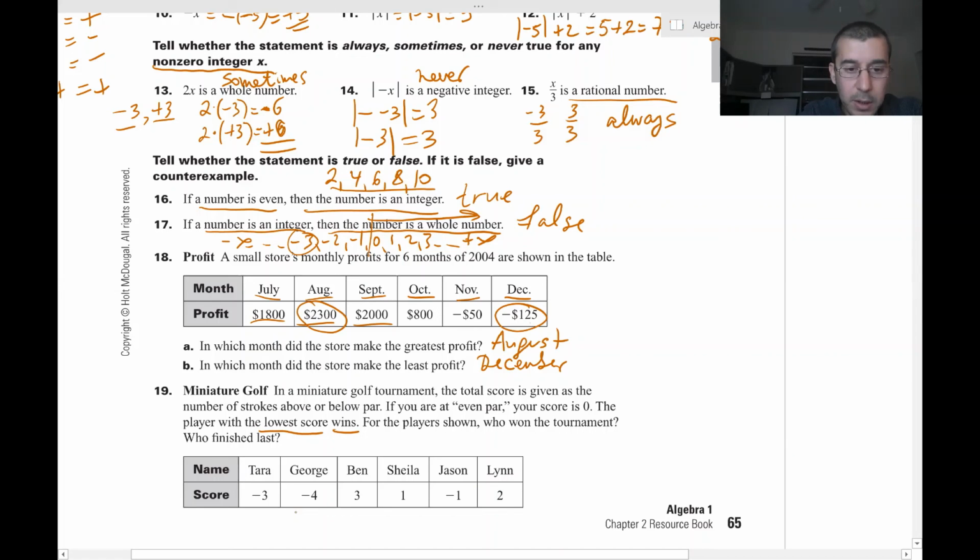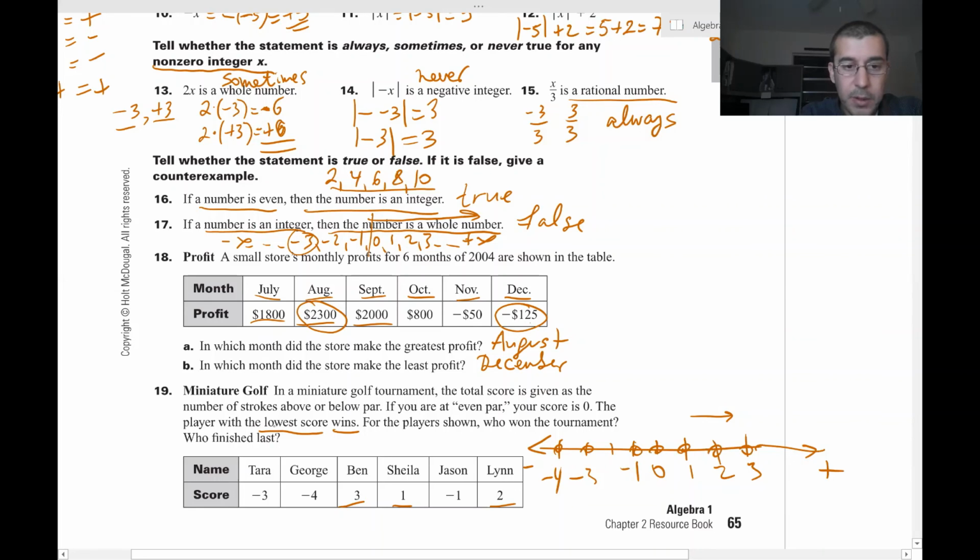Okay, the lowest score. So on a number line, remember, we have here 1, 2, 3. Those are positive, to the right, and then to the left are negative. We have -1, -2 we don't have, but -3 and -4 we have. -3, and then -4, right?